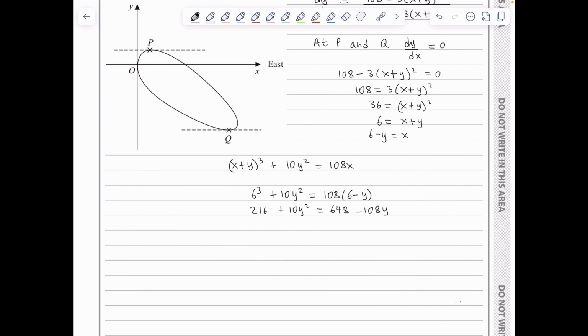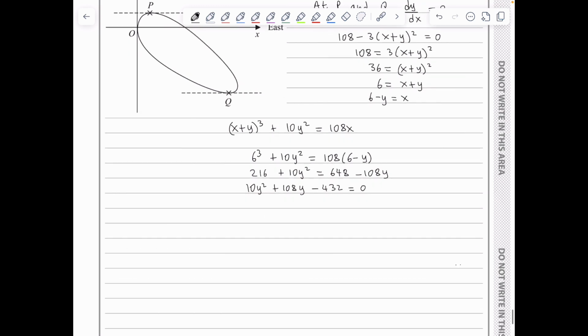I'll be collecting everything on the left hand side. We've got 10y squared plus 108y minus 432 is equal to 0. I'll be applying the quadratic formula to find the values for y. So y is going to be minus 108 plus or minus the square root of 108 squared minus 4 times 10 times minus 432, all divided by 2 times 10.